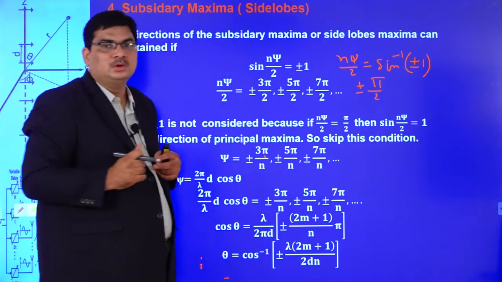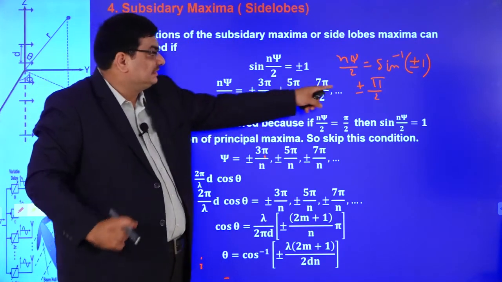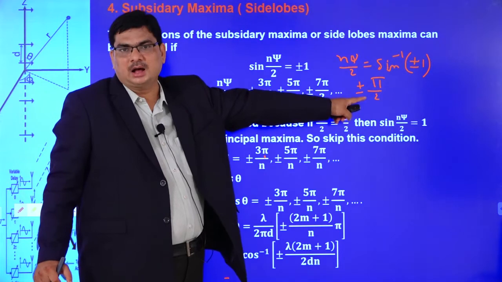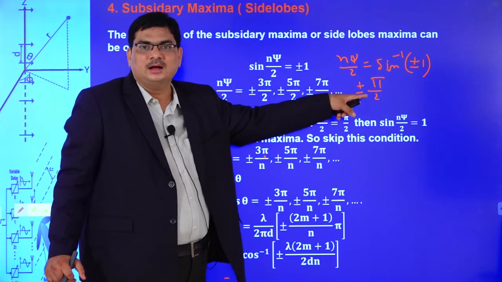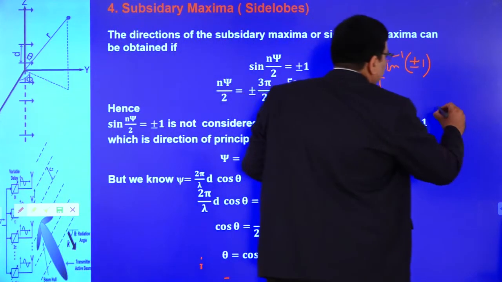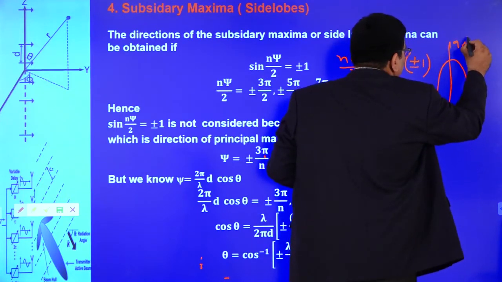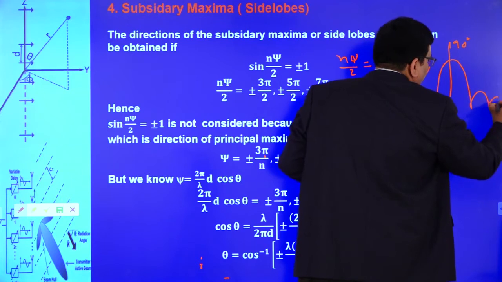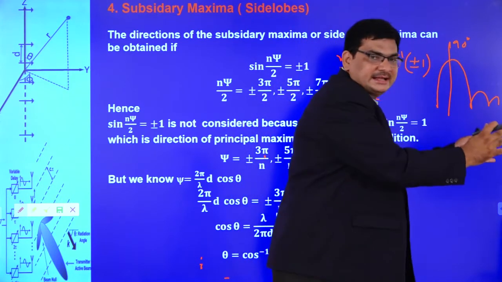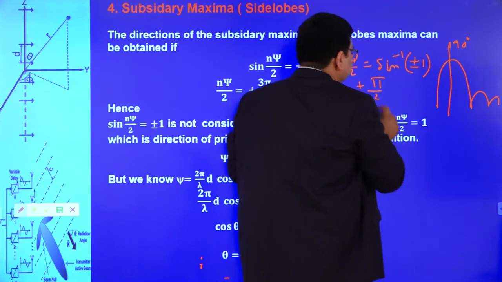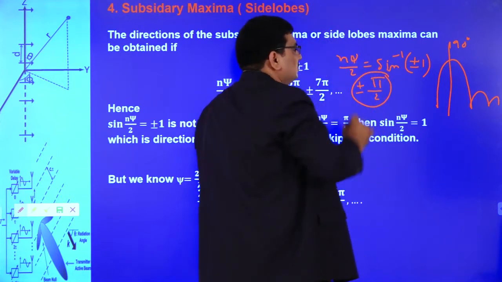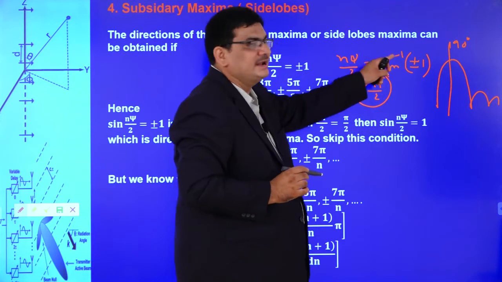Why? Because that is the direction of your maxima, that is at 90 degrees, and side lobe levels are away from 90 degrees, not in the direction of 90 degrees. That's why this case is eliminated here.